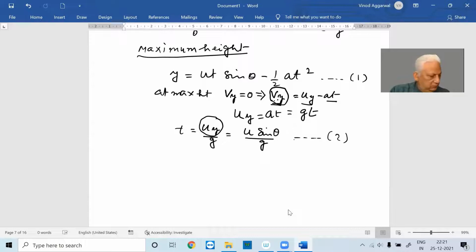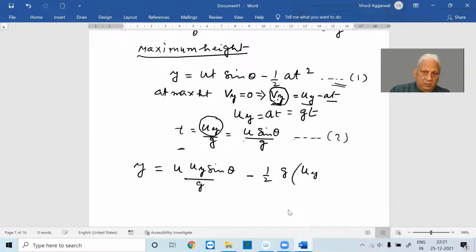Let's say this is our equation 2. Then putting this value in this equation, what we get is y is equal to u sin theta times u sin theta by g minus half g times the square of that.